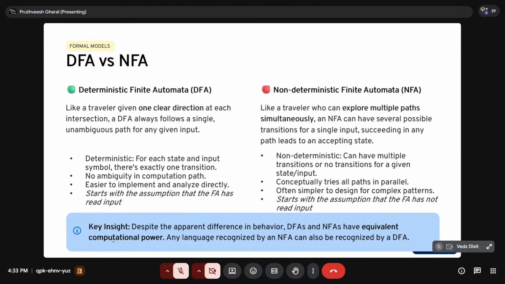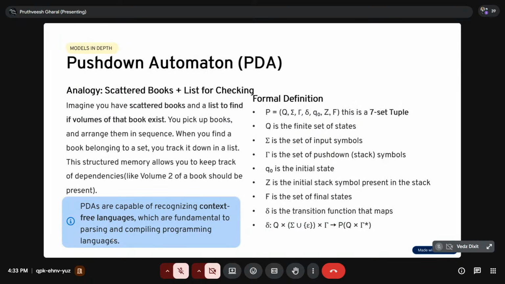We already discussed what computational power means: whenever we increase the memory in our machines, computational power increases. But since DFA and NFA have the same computational power, they can solve each other's problems. How, we'll see later. That is a separate concept.